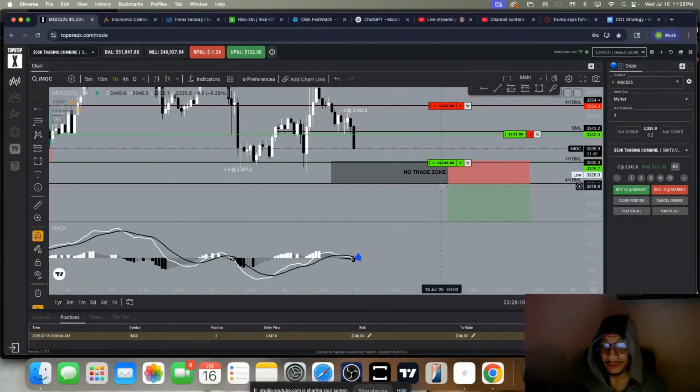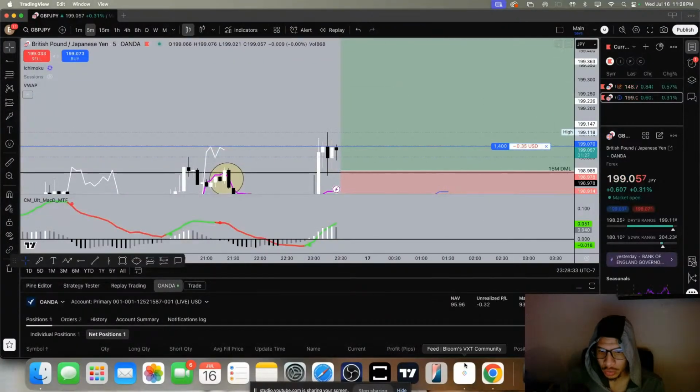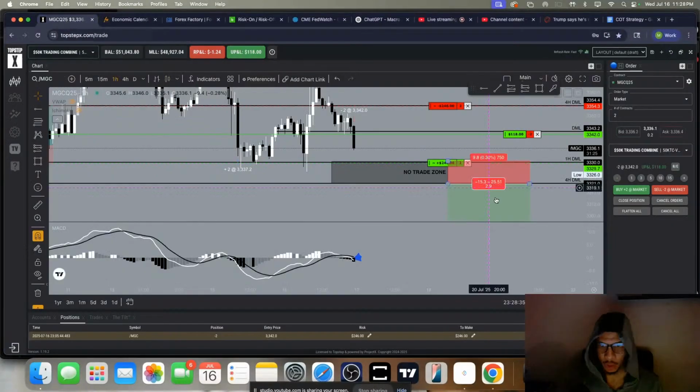And so if everything plays out here like it's forecasted, ideally, as long as we get a better number than the forecast, so if we can get like a 0.5, 0.6, if we can get like a 0.4, 0.5, I definitely think we can get that move tomorrow on gold.